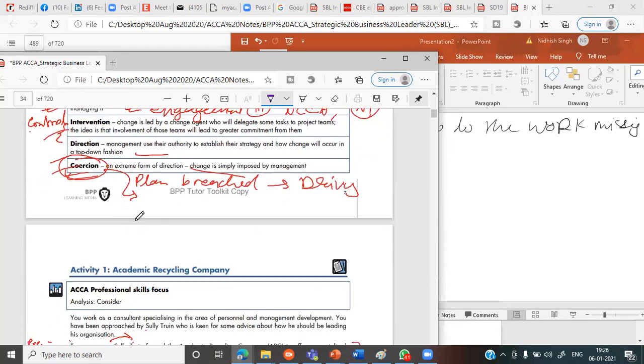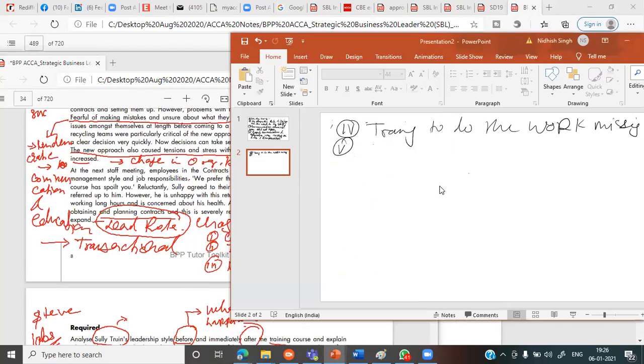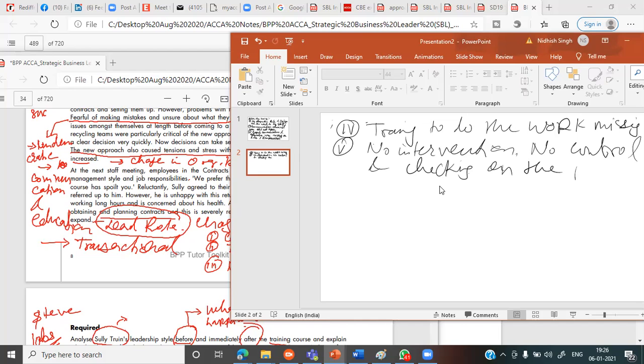Is he checking whether people are doing well or not? No. No intervention. No control. And kind of checking on the progress.